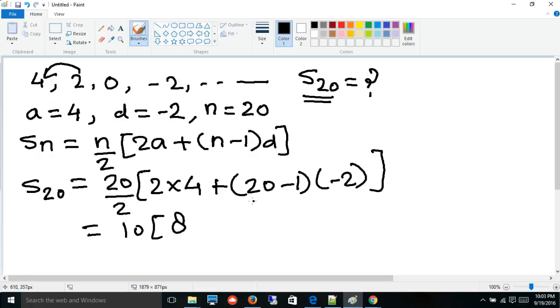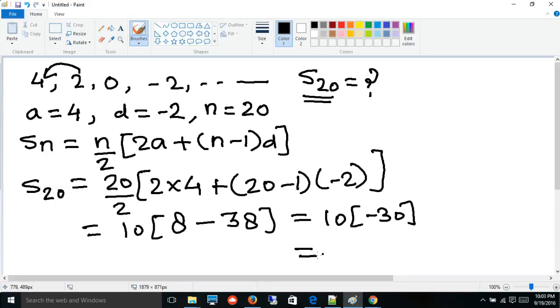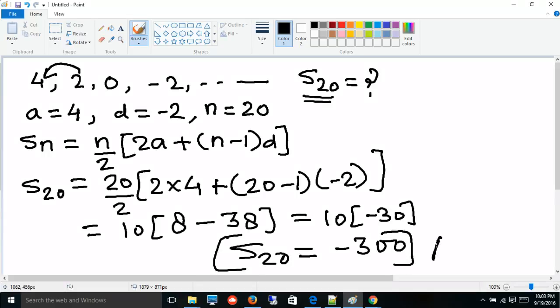So 8, and now 20 minus 1 is 19. 19 into minus 2 is minus 38. So you will get 10 into minus 30, so you will get minus 300. So S20, the summation of 20 elements, is minus 300. Okay, so this is another example.